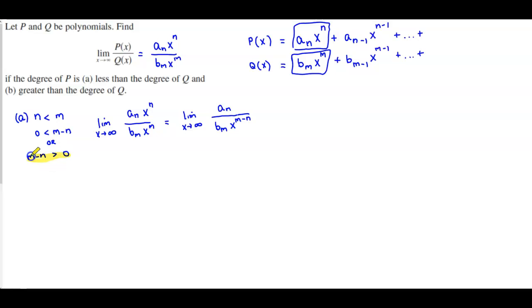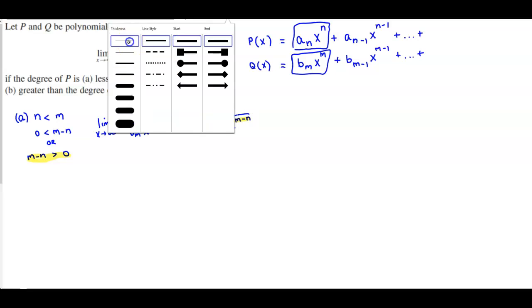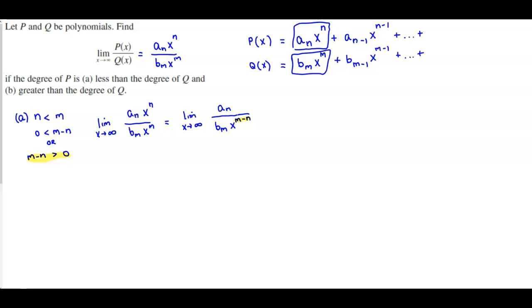We know it's greater than 0. So if that's greater than 0, then that tells us x to that power is going towards positive infinity. So if we apply this limit, we get a subscript n divided by b subscript m times infinity, which is going to equal 0.